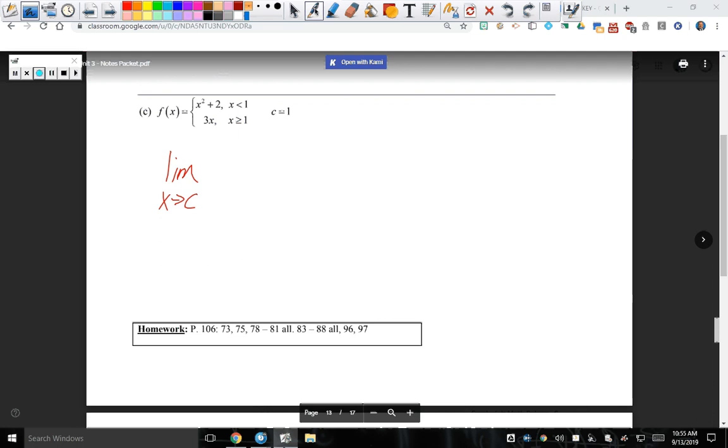X approaching c. X approaching c on this is 1. And I'm looking for f of x minus f of c. Guys, what did y'all write for f of x here? 3x. And what is the c value, or f of c? 3, because you plugged in 1 for x and you got 3.